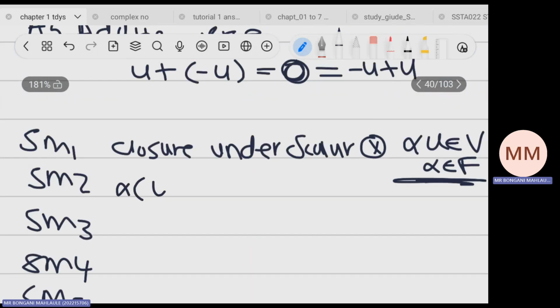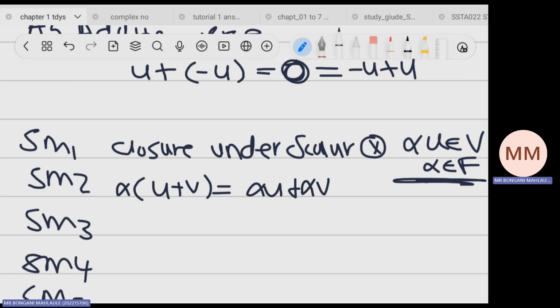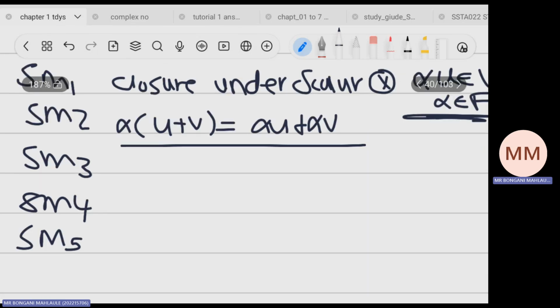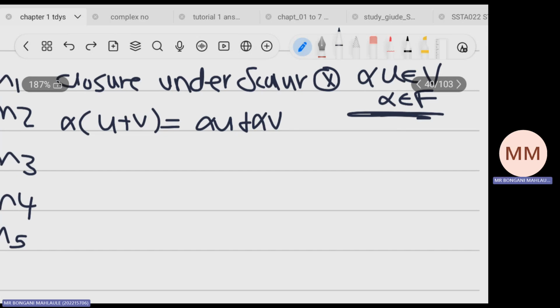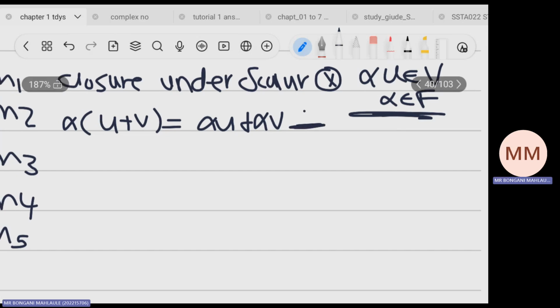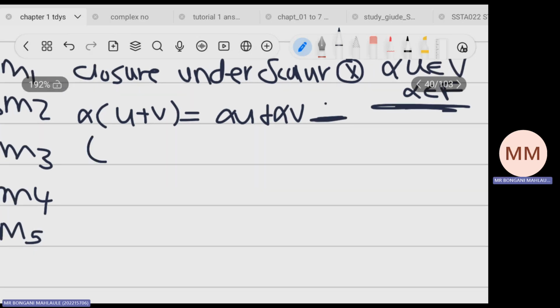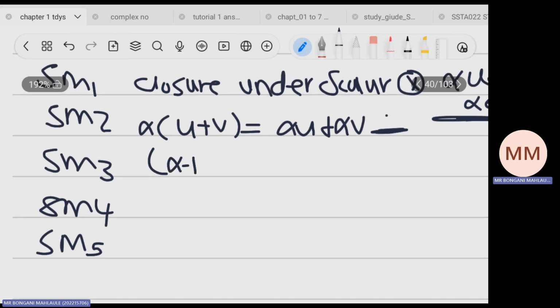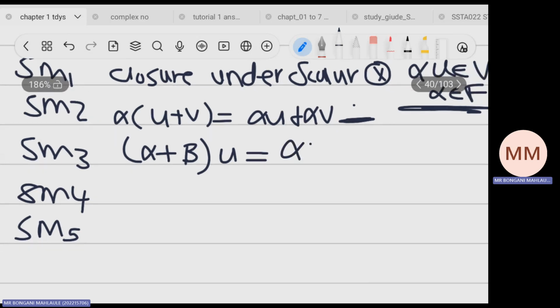And then alpha times (U plus V) is equal to alpha U plus alpha V. This one is the distributive law. By the distributive law, now add the two scalars on SM3, and then you'll have (alpha plus beta) times U. This will be equal to alpha U plus beta U.